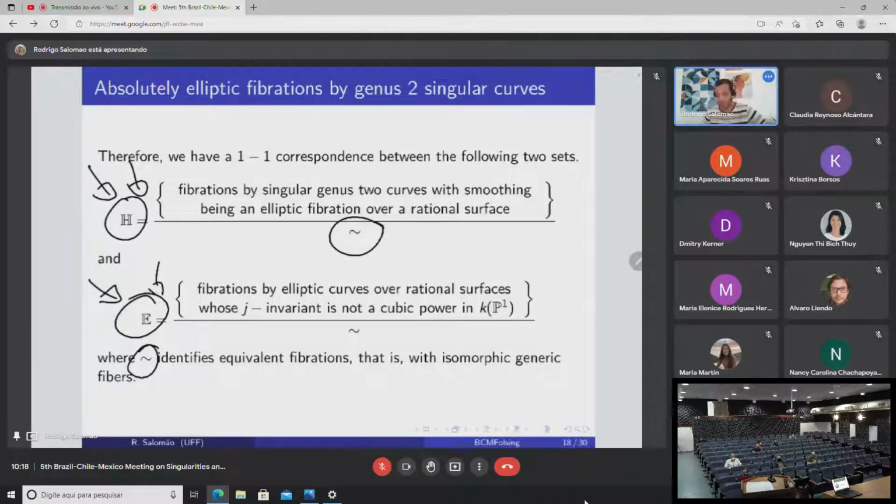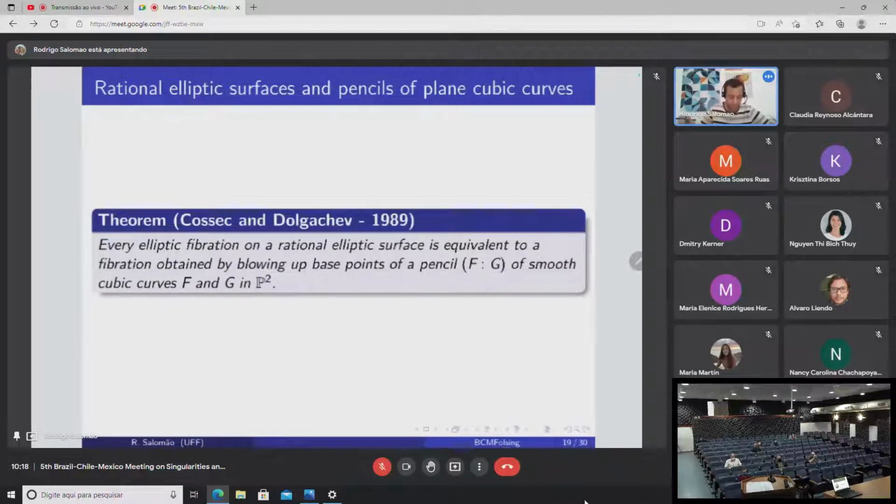From now on. Well, to do this, we recall an important result due to Kosek and Dolgachev, which says that every elliptic fibration on rational elliptic surface is equivalent to a fibration obtained by blowing up base points of a pencil of smooth cubics in P2, in the affine plane. Sorry, in the projective plane.